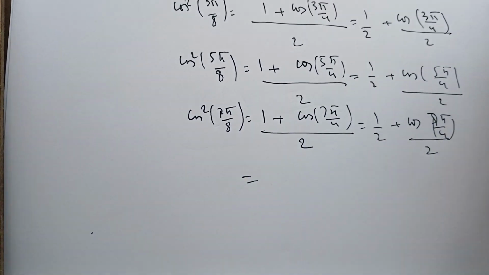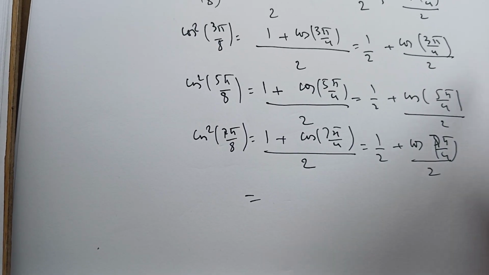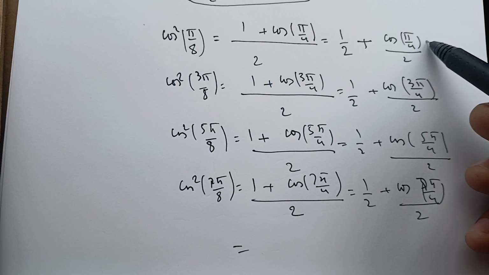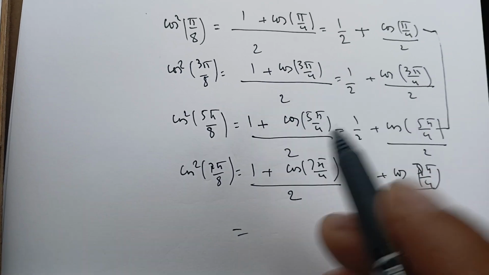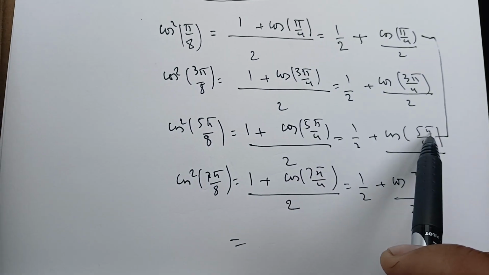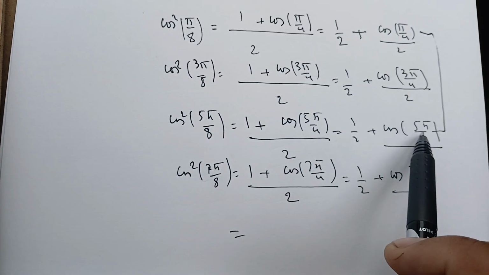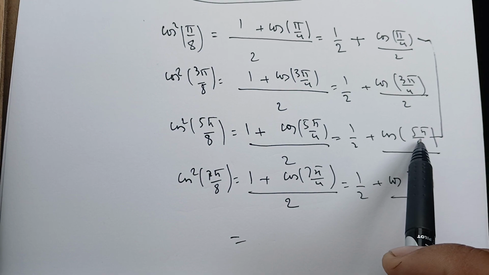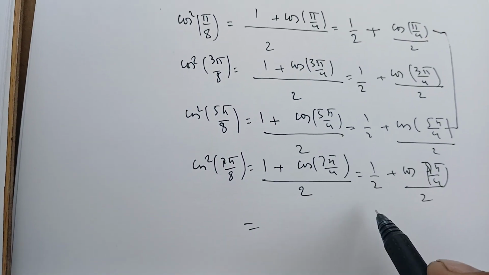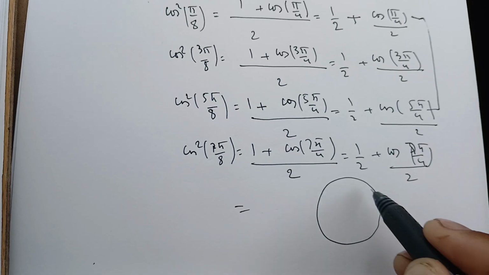So now I can see some relationship. What's the relationship between this and this? Notice the angle. This is pi over 4 plus pi. So what's the relationship between pi over 4 and pi plus pi over 4? Okay, let's do it here.